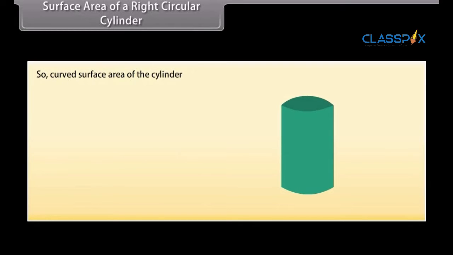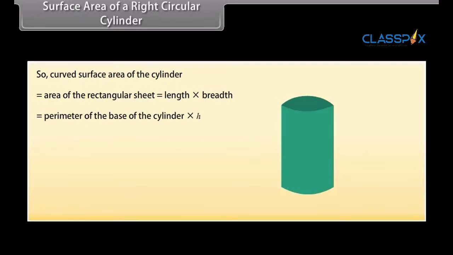So, the curved surface area of the cylinder is equal to the area of the rectangular sheet, which equals length into breadth, which is equal to the perimeter of the base of the cylinder into h, which equals 2 pi r into h. Therefore, curved surface area of a cylinder is equal to 2 pi rh.